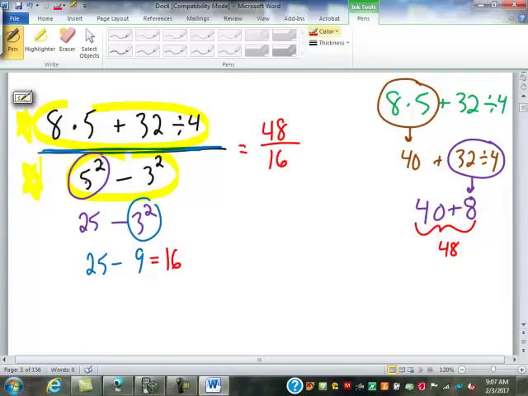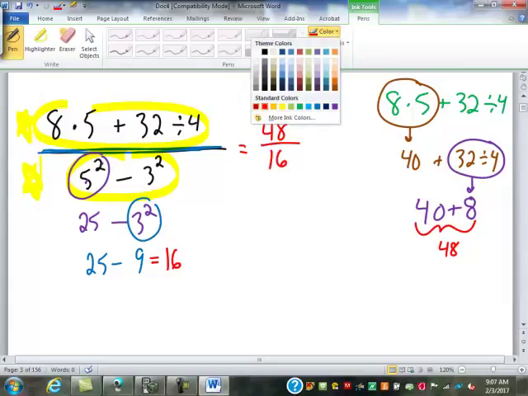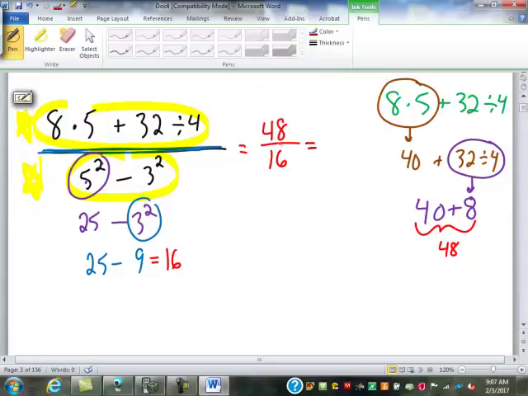So the bottom is 16. And we divide. 48 divided by 16 is 3. Any questions? Okay.